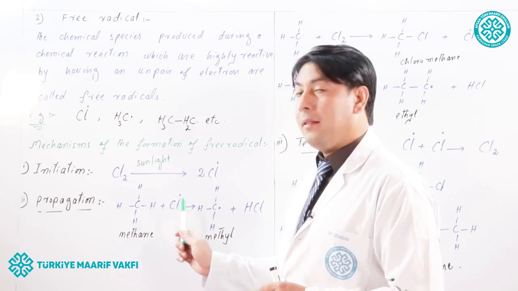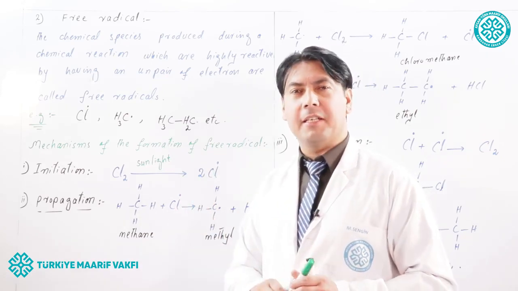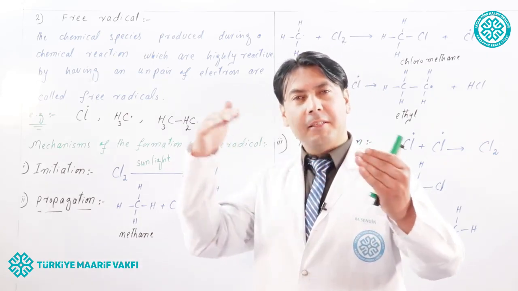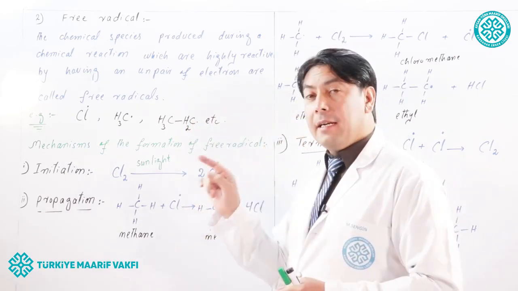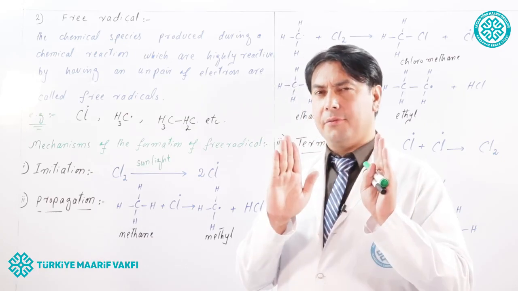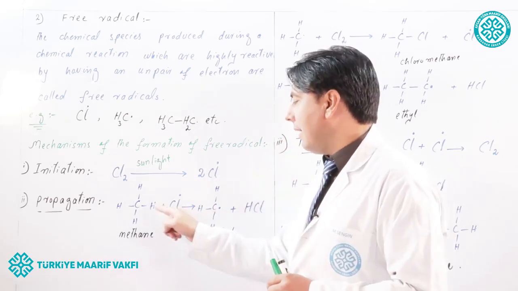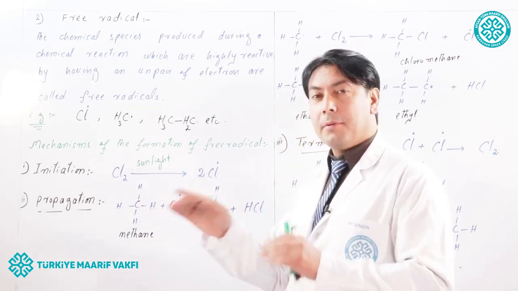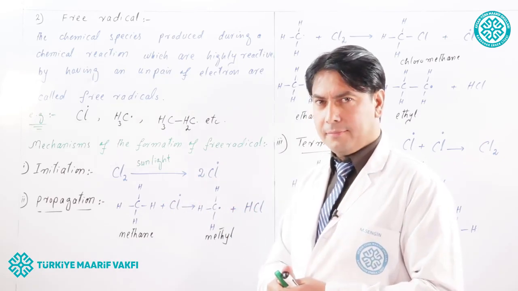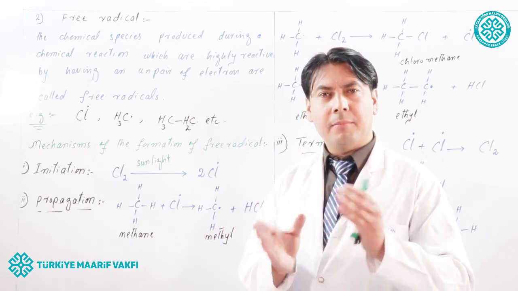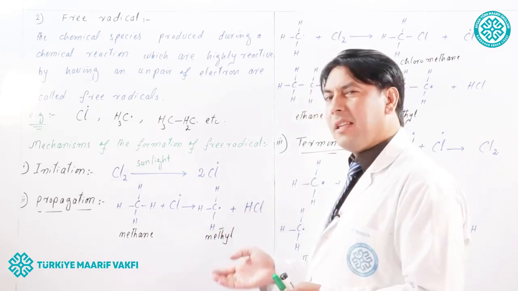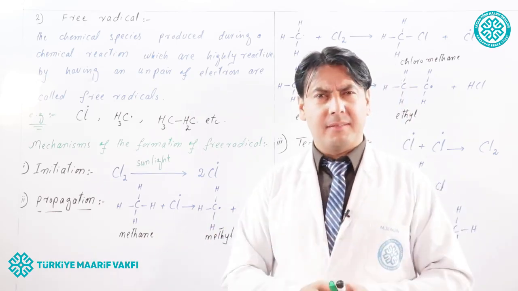But when the chlorine free radical reacts with a methane molecule, what happens? This free radical is highly reactive and this chlorine will take 1 hydrogen from the methane molecule. And when the chlorine takes a hydrogen from the methane molecule, the chlorine will stabilize itself.